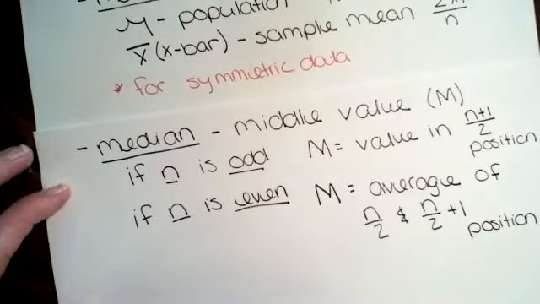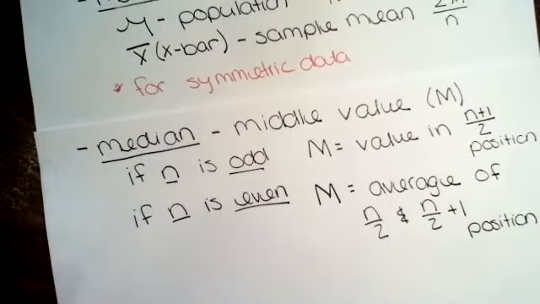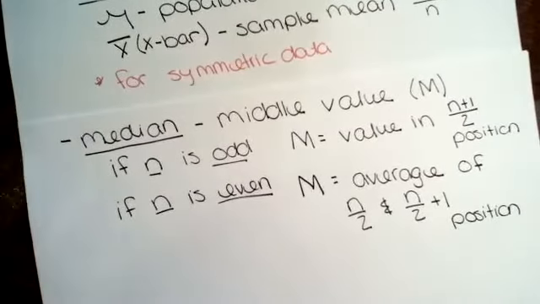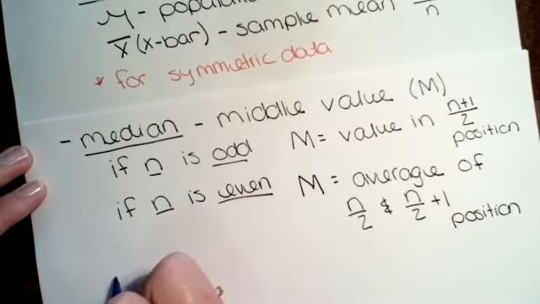Okay. So what this does is the median is very helpful for us because the median divides our data set in half. So we have half above the median and half below the median. And as we keep moving forward, this is going to mean a lot to us. So let me just write this down.